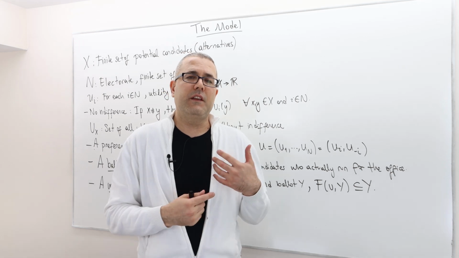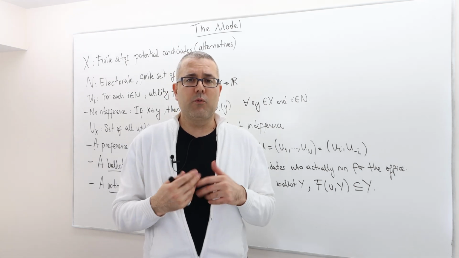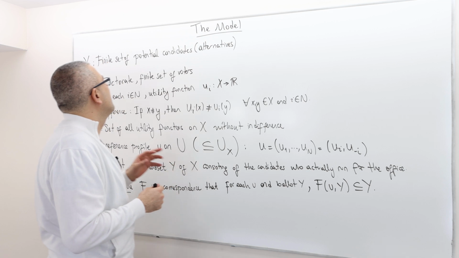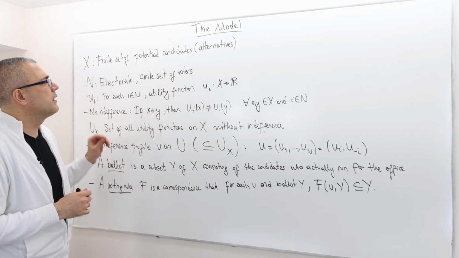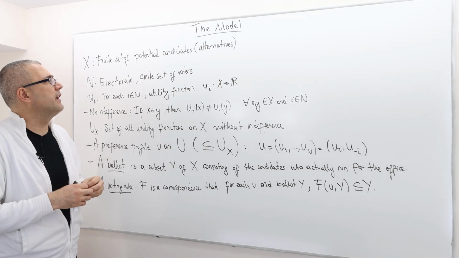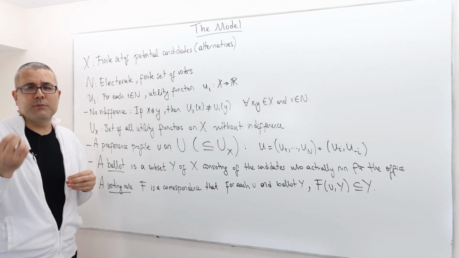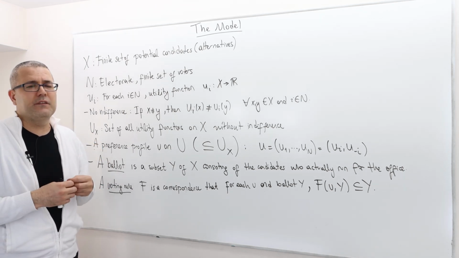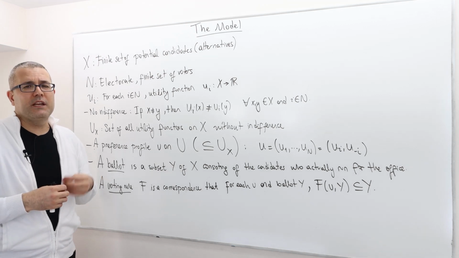All right, so this is the general framework I would like to describe for the rest of our chapter. X is the finite set of candidates, potential candidates. Sometimes I call them alternatives. What do I mean by potential candidate?